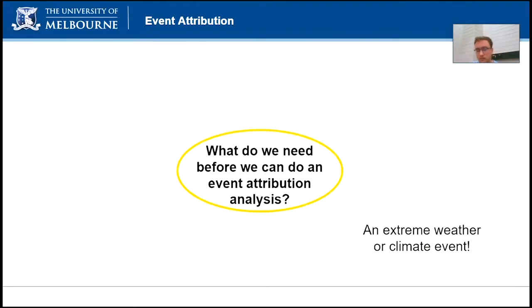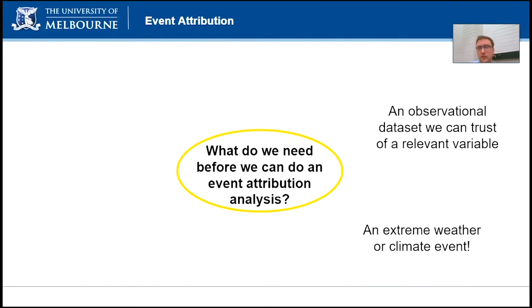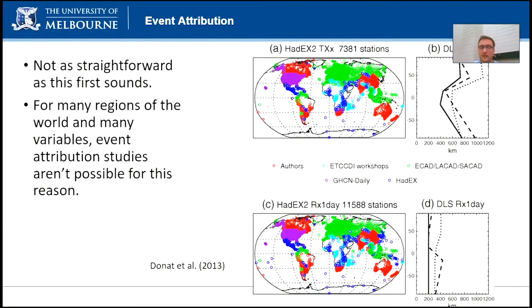So firstly, our first ingredient is that extreme weather event or extreme climate event. Our second ingredient, which is occasionally overlooked, is the fact that we need a really good observational data set we can trust. But this isn't as easy as it first sounds, because for a lot of the world we don't really have very good observations, and that means that we can't put an extreme event in the context of the historical past as easily.